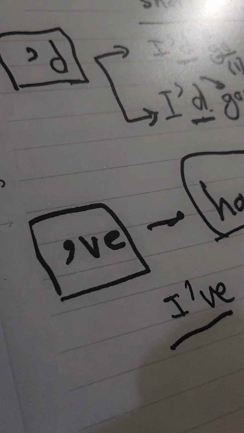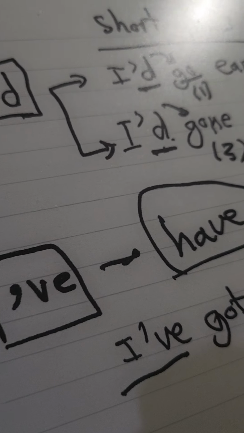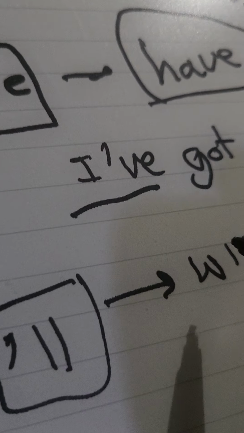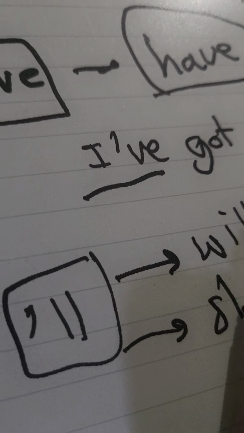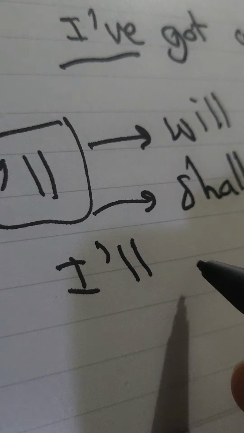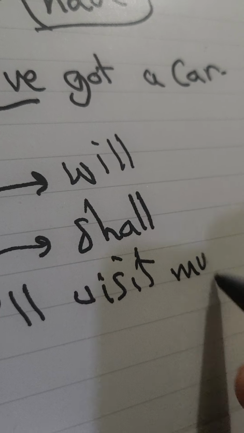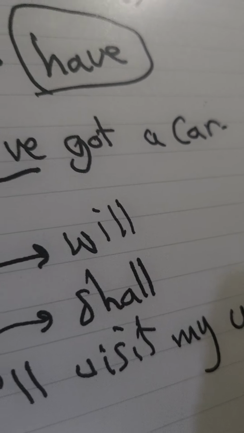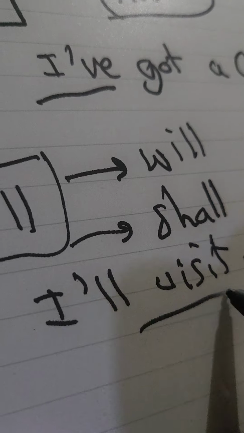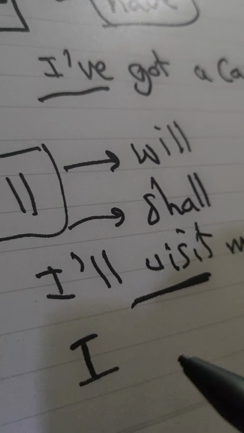Okay, apostrophe LL. What is it? Apostrophe LL means will or shall in the future. So for example, if you say I'll visit my uncle, it means I will visit my uncle.